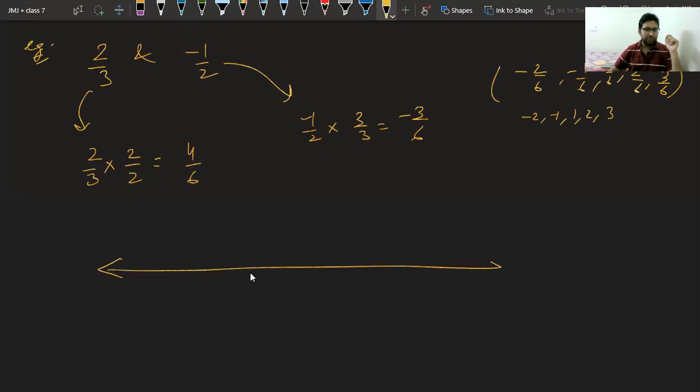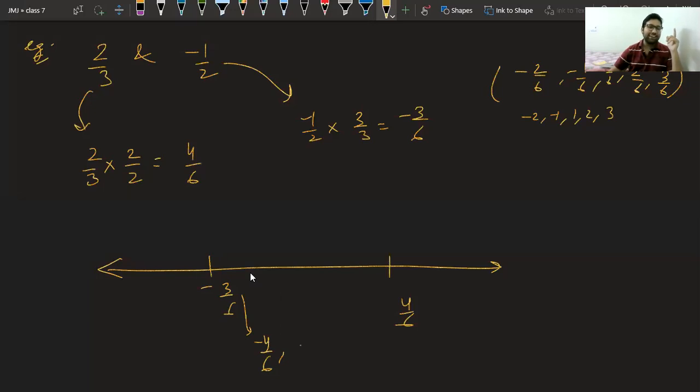On the number line, we will have minus 3 by 6 on the left hand side. We will have 4 by 6 on the right hand side. Now, we can easily move to the right side and get the numbers between them. The next number is minus 4 by 6. Is it correct? Class, is it correct?